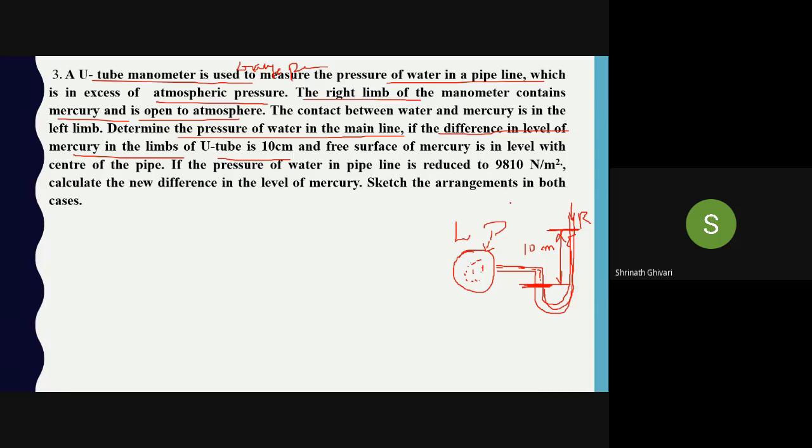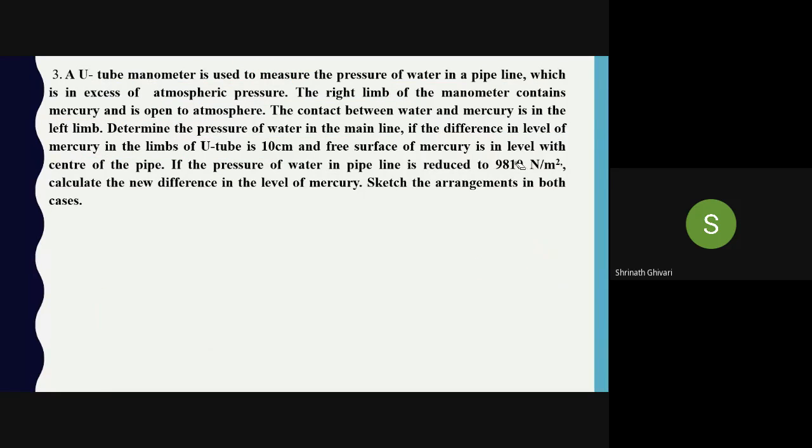centimeter. And the free surface of the mercury is in level with the center of the pipe. So what he is trying to say is that the free surface of mercury is in level with the center of the pipe.